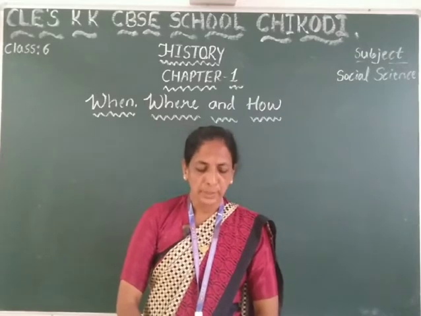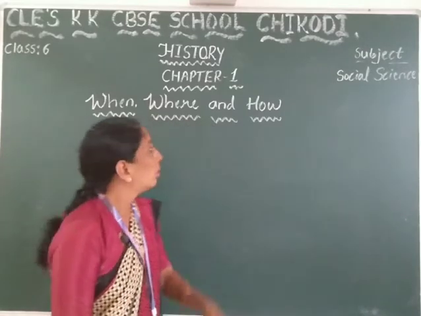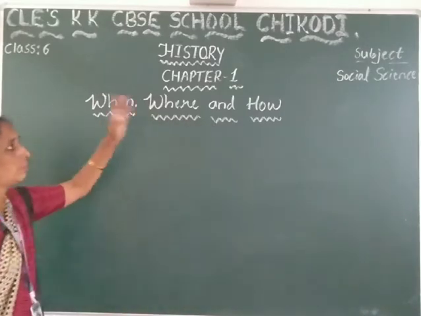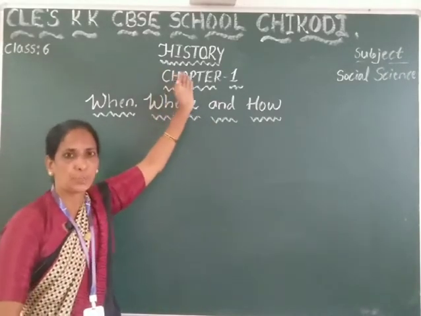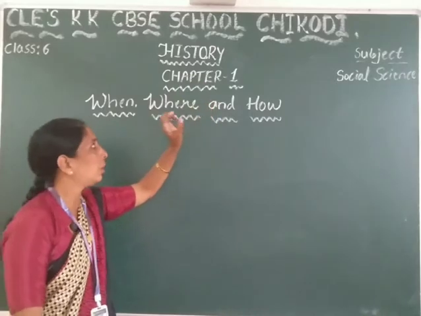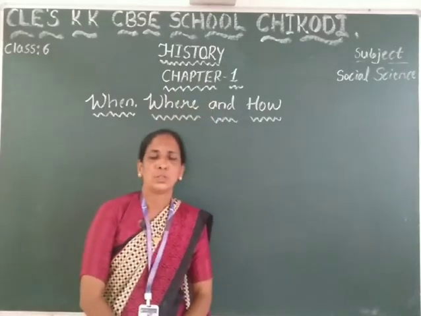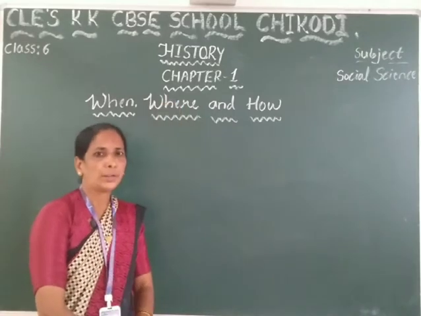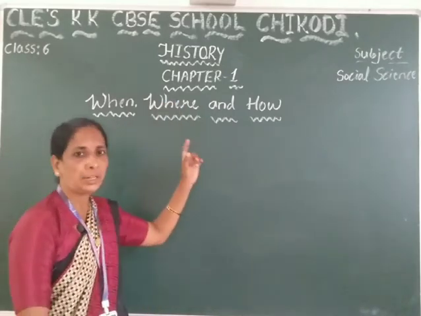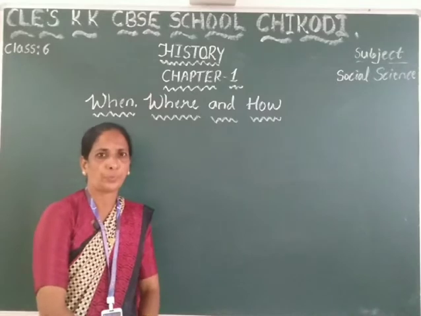So today let us start class 6, subject social science, and the history part. See here, in this part, I will be teaching you chapter number 1, When, Where and How.